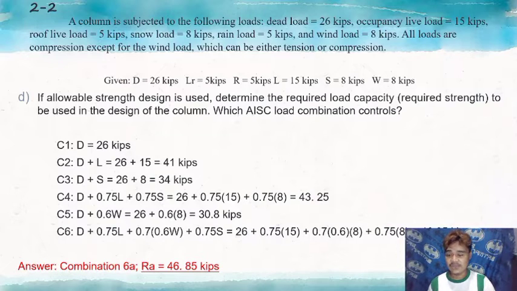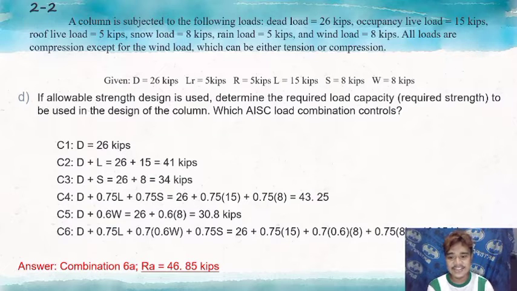For our combination 4, D plus 0.75L plus 0.75S equals 26 plus 0.75 times 15 plus 0.75 times 8, which equals 43.25 kilopascals. Our C5 is D plus 0.6W, equal to 26 plus 0.6 times 8, which is 30.8 kilopascals.